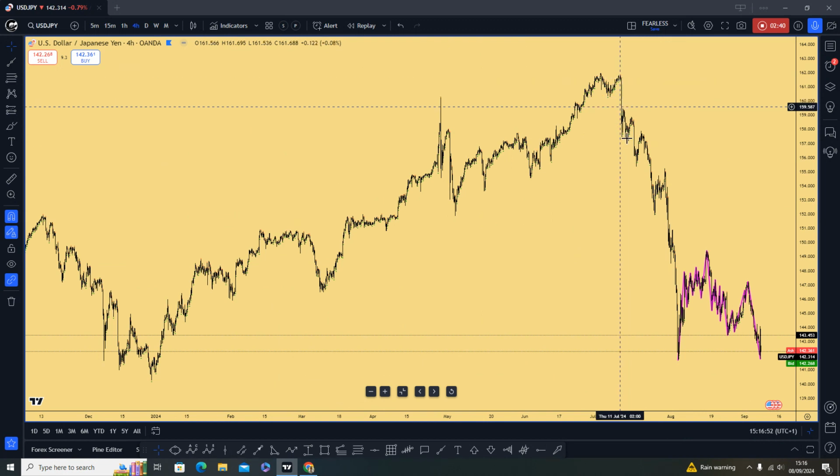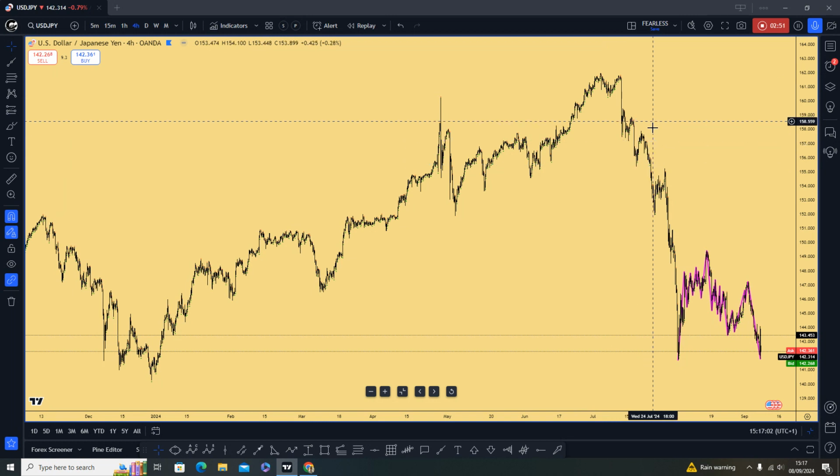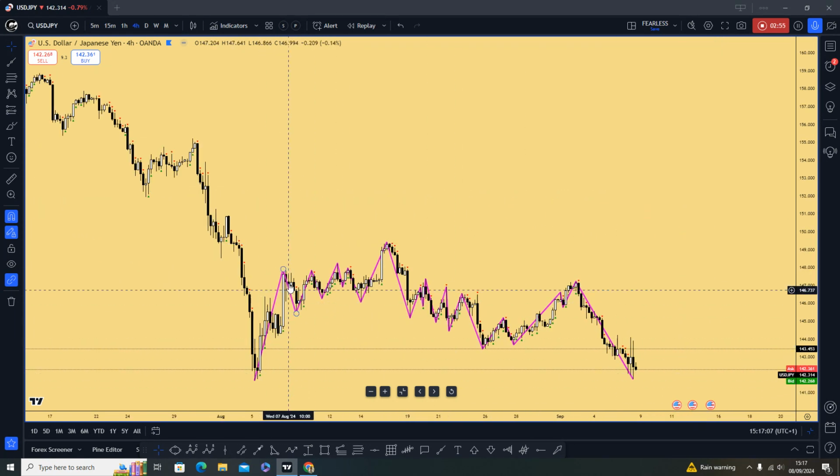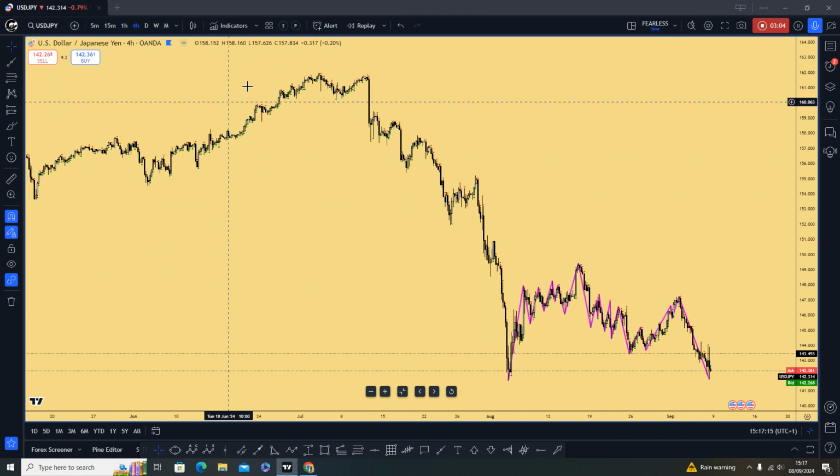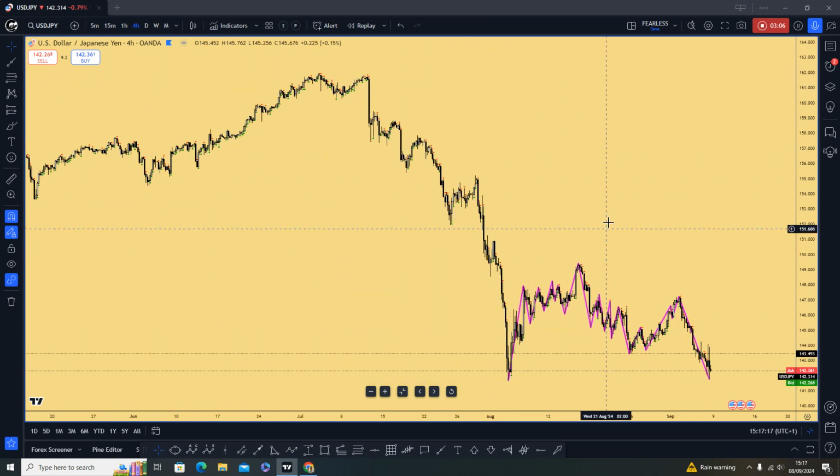I remember when this happened, we were looking to buy because it was still an uptrend, but we can see how this intervention came in. Every pullback is a selling opportunity. We have this structure, higher high one, higher high two, which is a trend changing pattern to the downside.